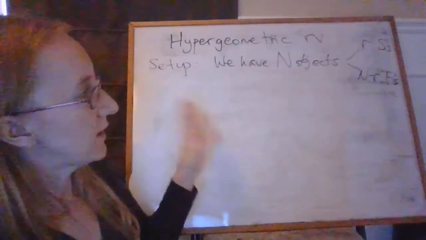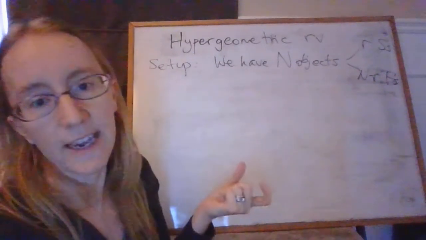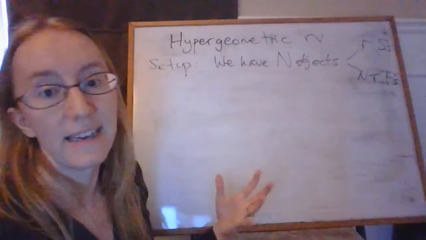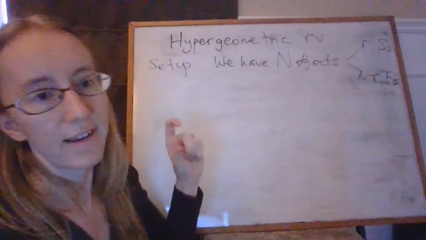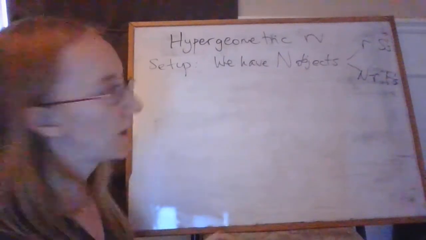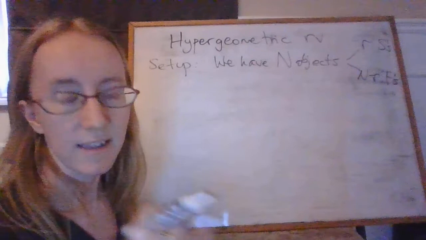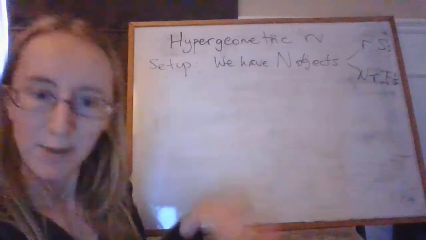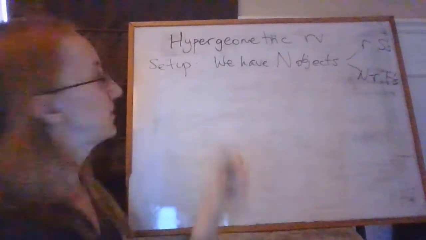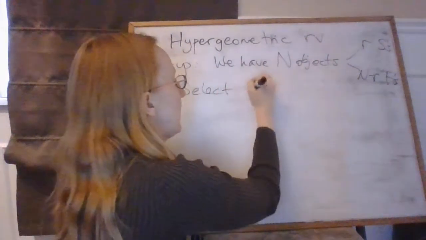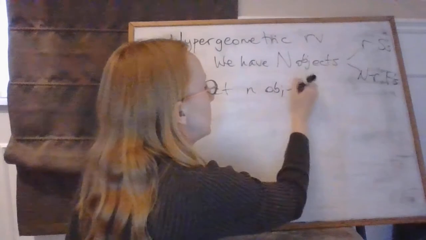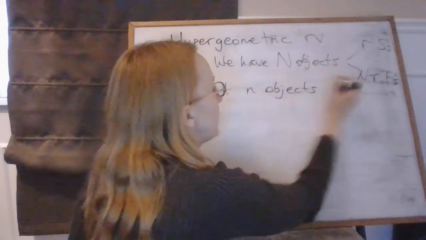So those are the objects that we have, and we know the classification of each one, and we know how many of each there are. There's R successes, that's a lowercase r, and then capital N minus R failures. Then we're going to select lowercase n of these capital N objects without replacement. Select little n objects without replacement.